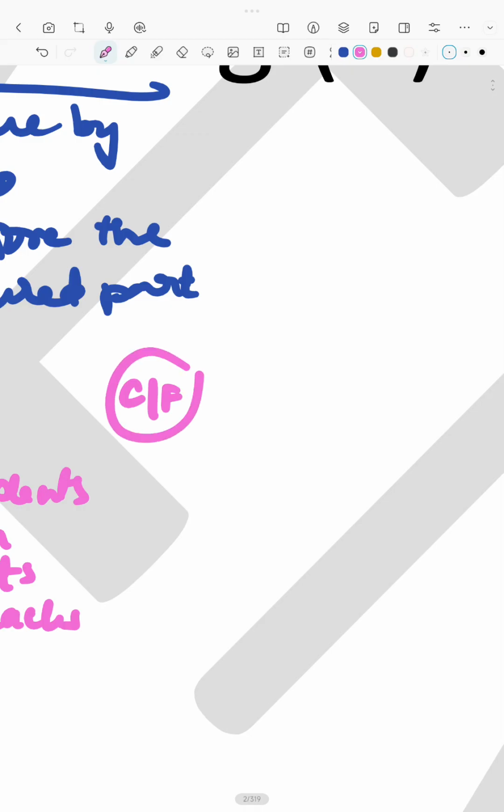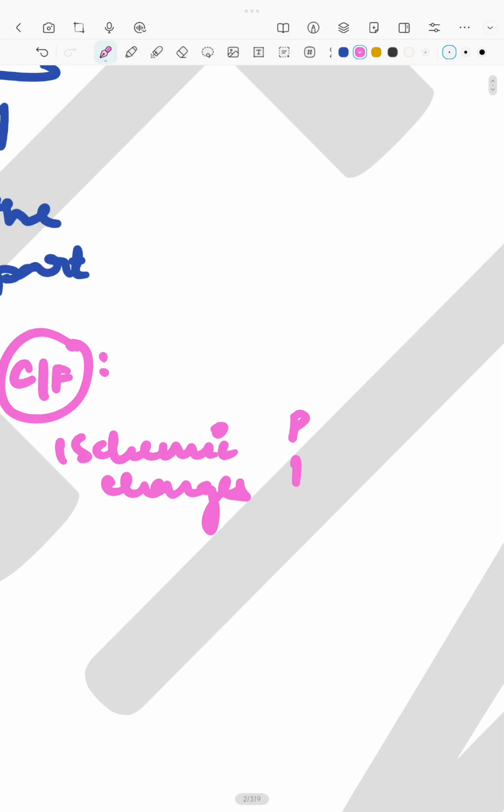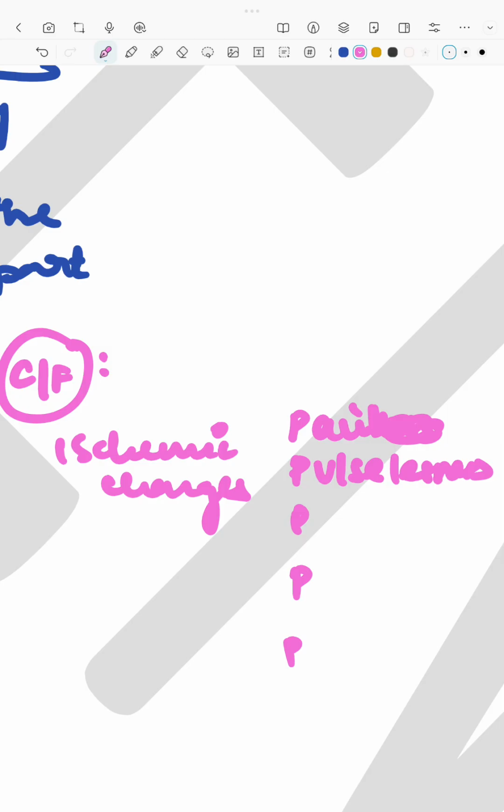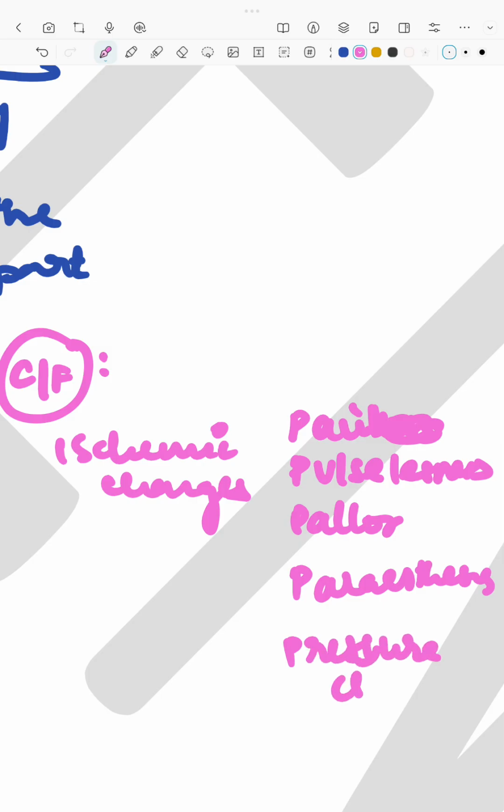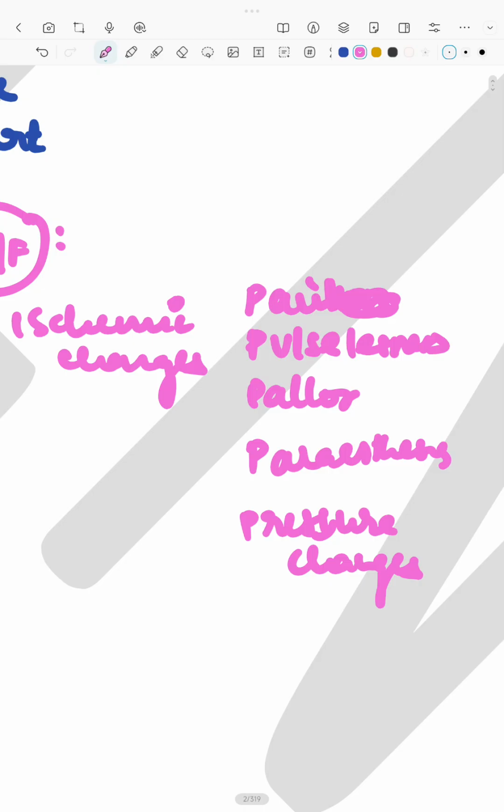What are the clinical features related to crush injury? There will be increased tension in the muscle compartment, leading to ischemic changes: loss of the 6 Ps, that is pain, pulselessness, pallor, paresthesia, pressure changes, pigmentation.